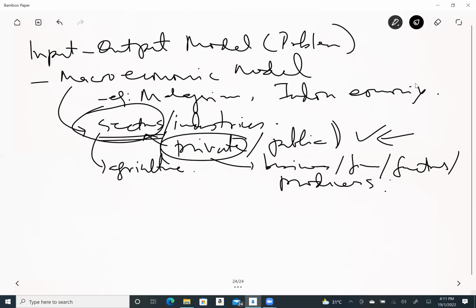For example, if you plant rubber, or oil palm, or chili, or ladies' fingers or whatever, these are agriculture. That's one sector. Okay, give me another sector.